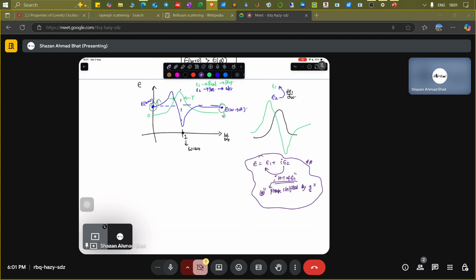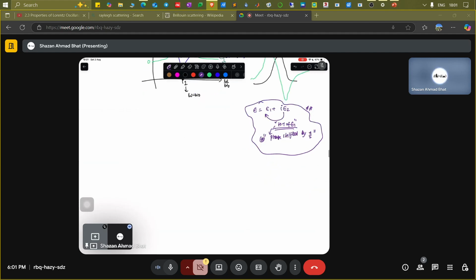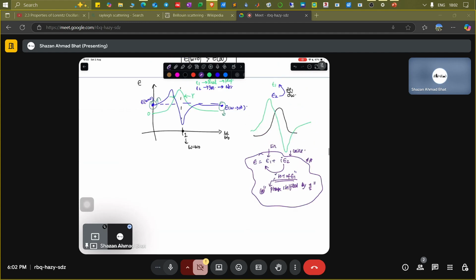Just like if this is a sine function, then this is going to be a cosine function. That's what is happening here. If you consider this to be a cosine function, then this is almost like a sine function, but an opposite sine function. That is the fundamental notion of it.